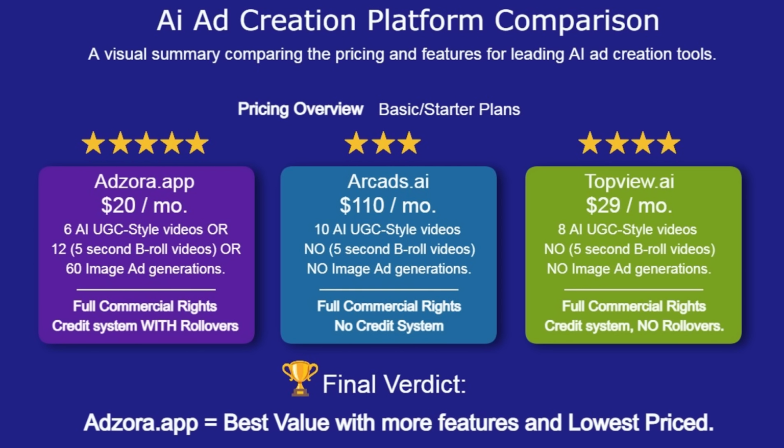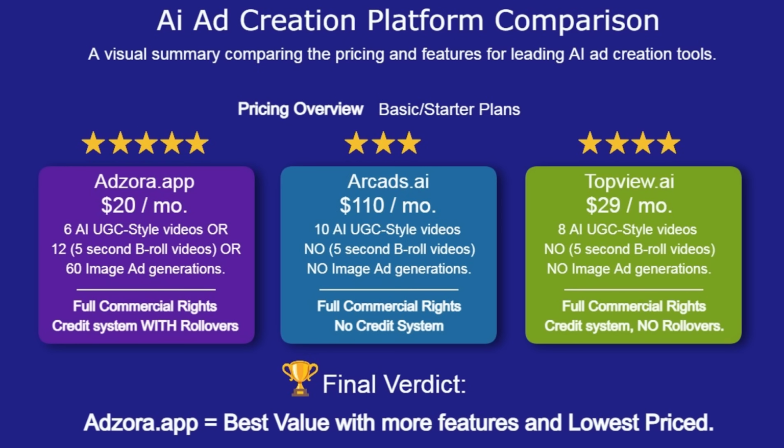Also, Arcads doesn't use a credit system, so you can't roll over your credits or reallocate your usage based on your needs. Once you hit your limit, that's it until the next month. Now, it does include full commercial rights like Adzora, but you're paying more than 5 times the cost for a narrower feature set that's focused almost entirely on video ads.